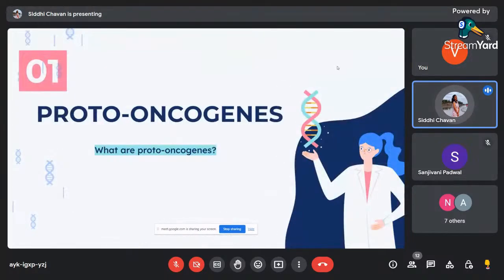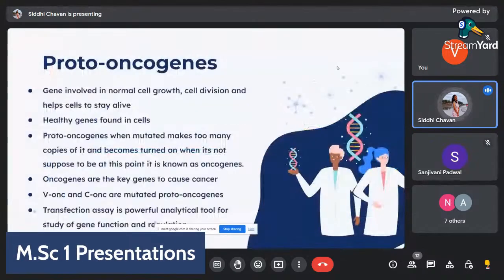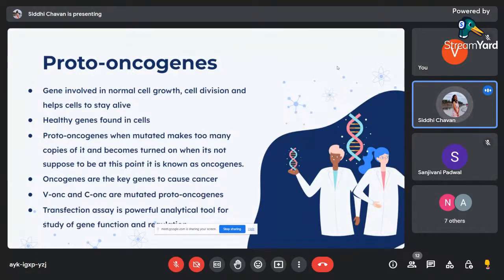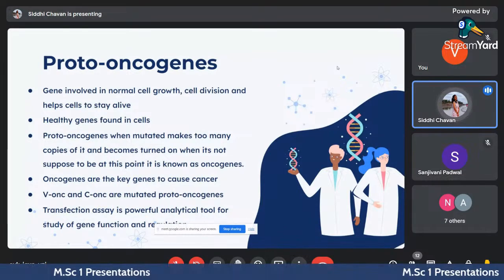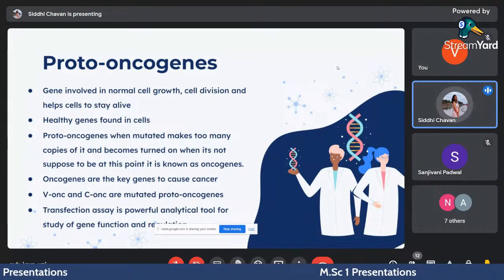So now let's move on to the first one, which is proto-oncogenes. Well, proto-oncogenes are the genes that are involved in normal cell growth, cell divisions, and which help cells to stay alive. They are the healthy genes which are found in cells, which contain the necessary information of your body to make the protein responsible for cell growth and cell division.